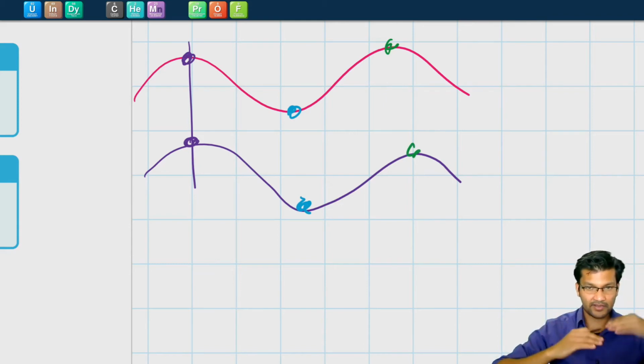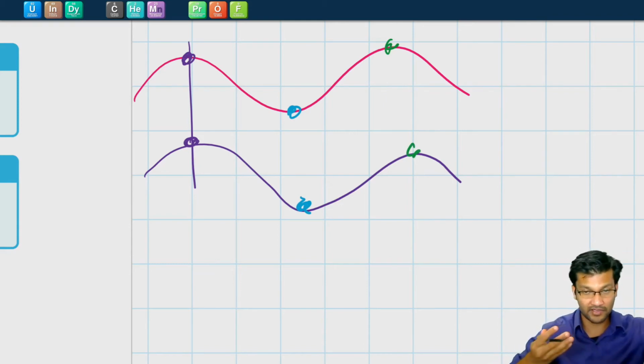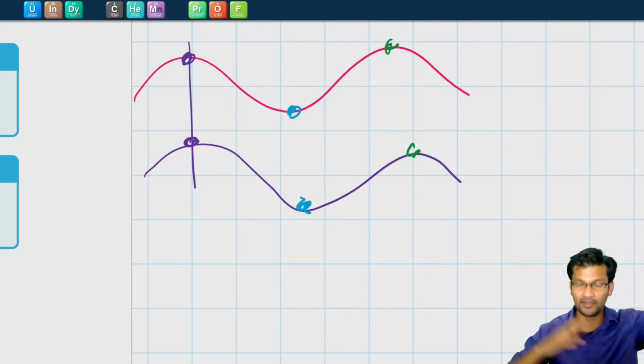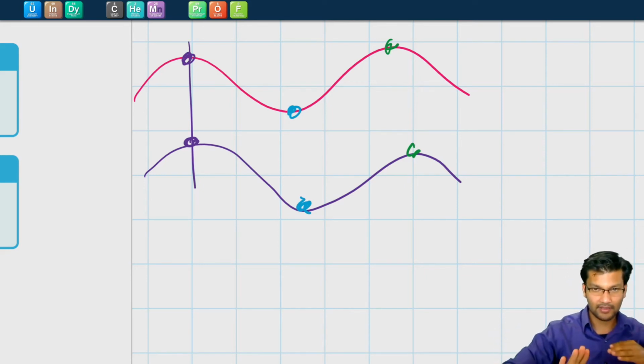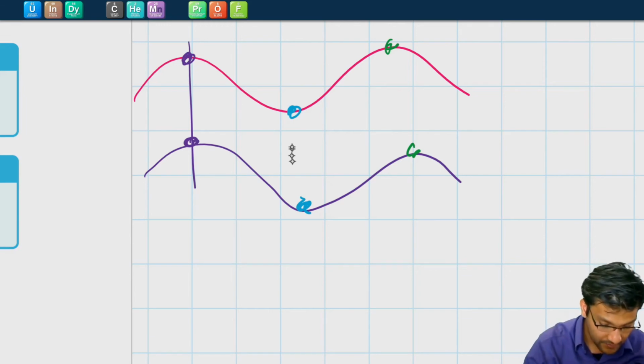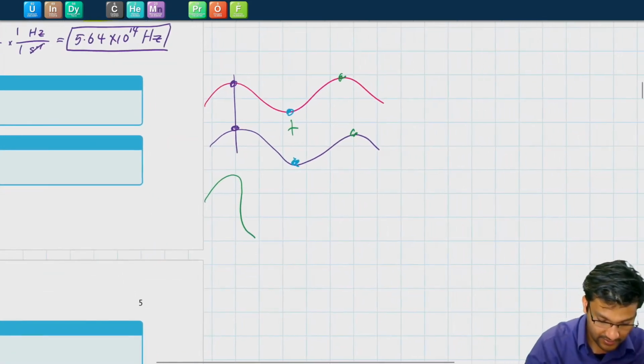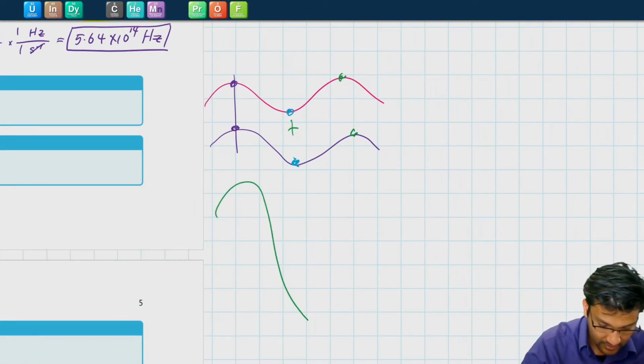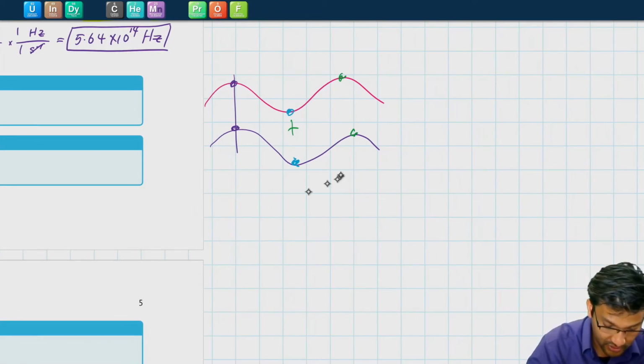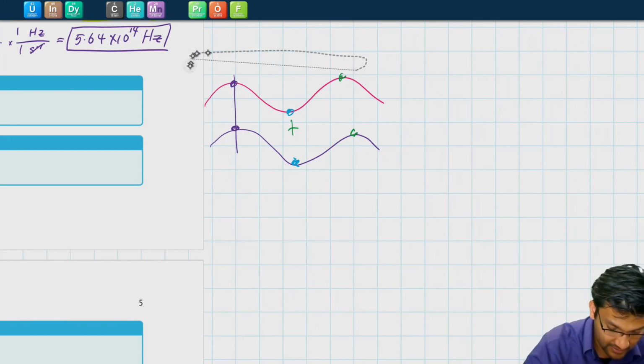The crests are where there's more, if it's a wave on the surface of the ocean, it's where there's more water. The trough is where there's less water. So they're going to add up together such that they create a bigger wave with a bigger crest and a bigger trough. That's a very horrible drawing. Let me see if I can scale this down a little bit.